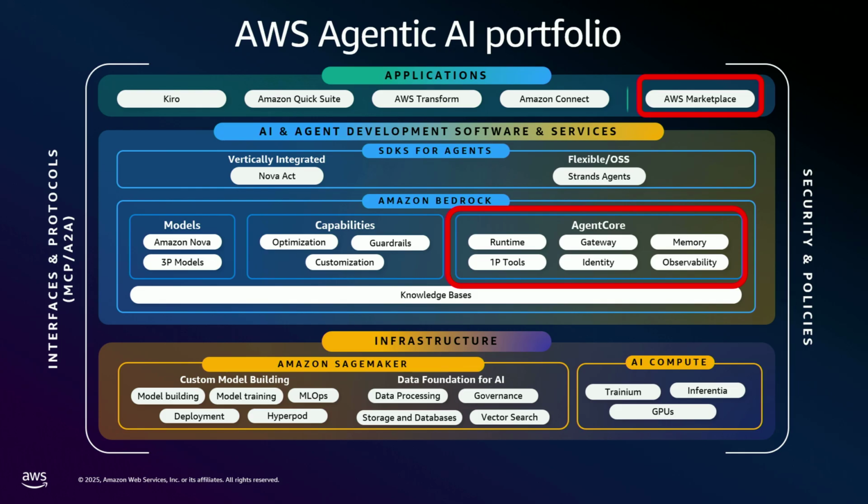Here, we assume that you know your business and your customers better than we do. So we provide you with the infrastructure and the services to allow you to build your application and then make it available to the marketplace. You can see that there are two squares in red here.